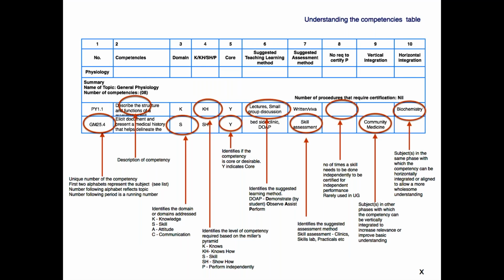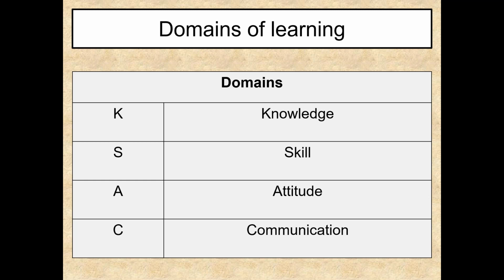I would request everybody to be familiar with this competency table, which shows the number, the competencies, the domain, the level of proficiency, core, suggested teaching method, which is there in the booklet. So which are the domains of learning? MCI has listed 4 domains, that is knowledge, skill, attitude, and communication.